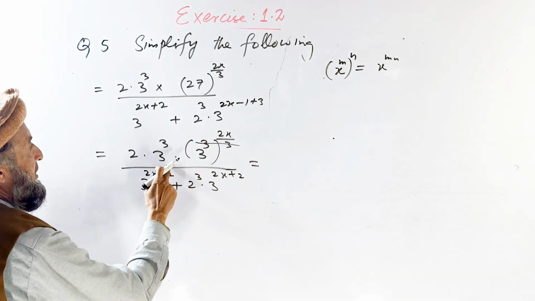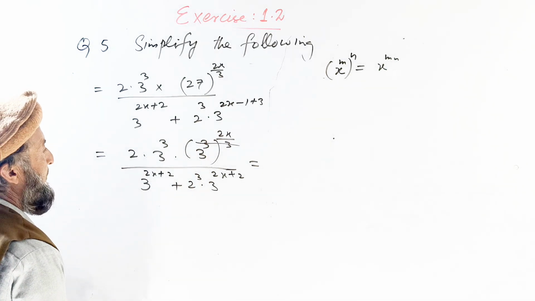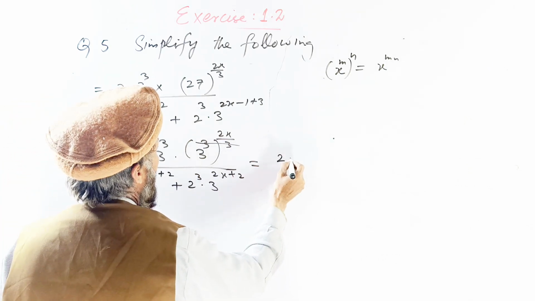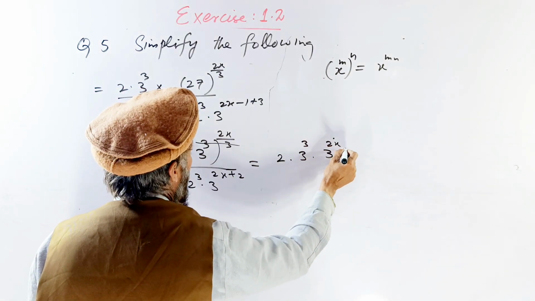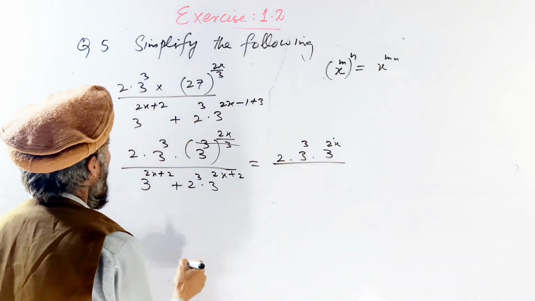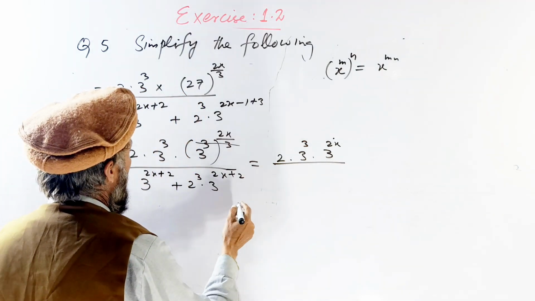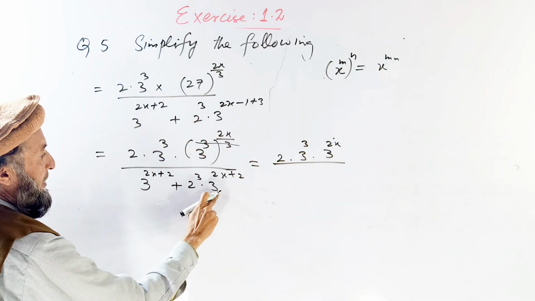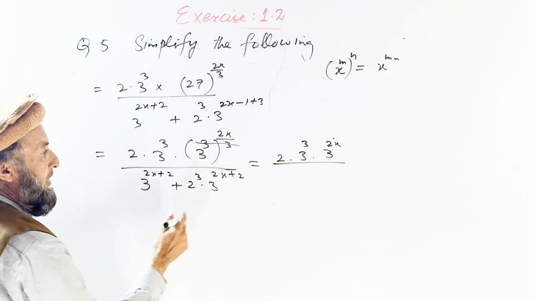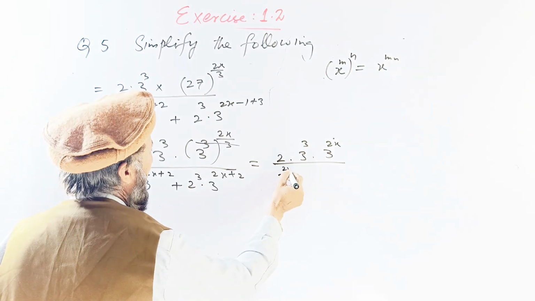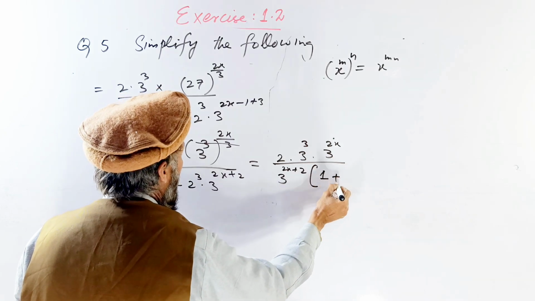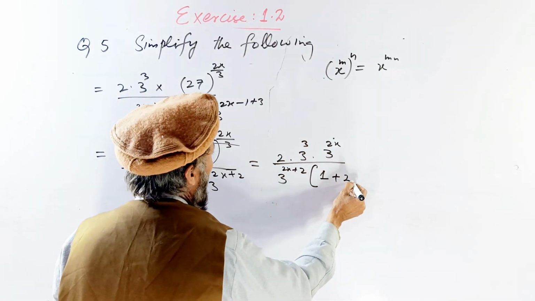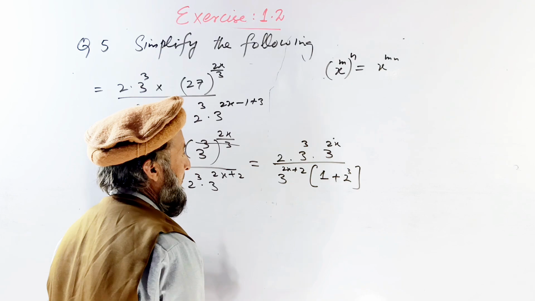Now this 3 we can add 2x plus 3. 2 and 3 power 3 and 3 2x divided by 3, and here is common, we take common 3 2x plus 2 and 3 2x plus 2 is common. Here is the remaining 1 and here 2 power cube is remaining.